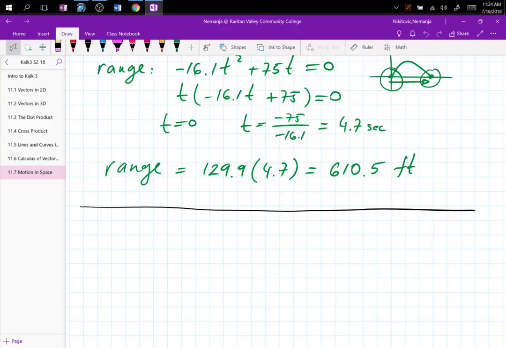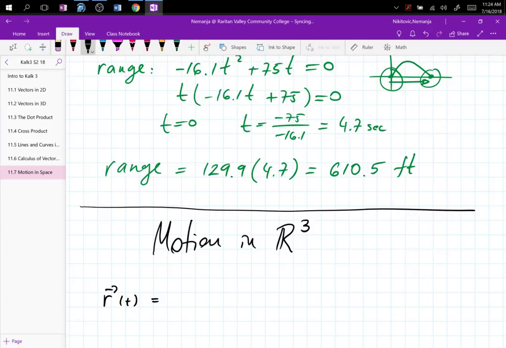So for motion in 3D, you have your vector r of t, that is giving you the position, so that's x of t, y of t, and z of t.